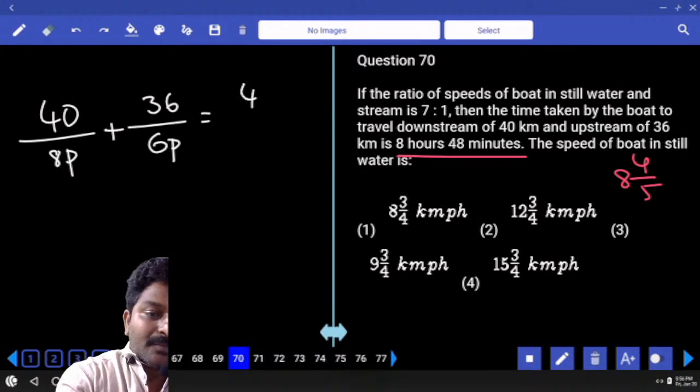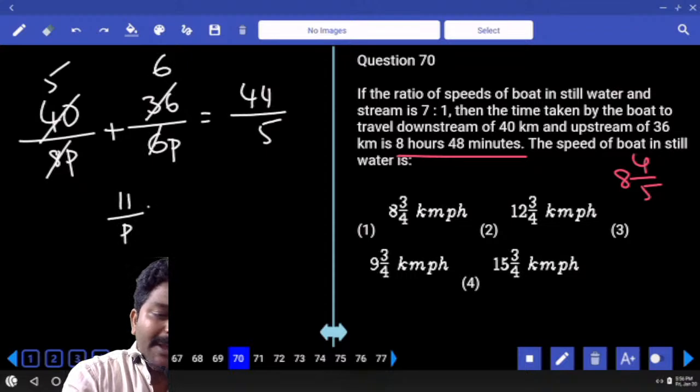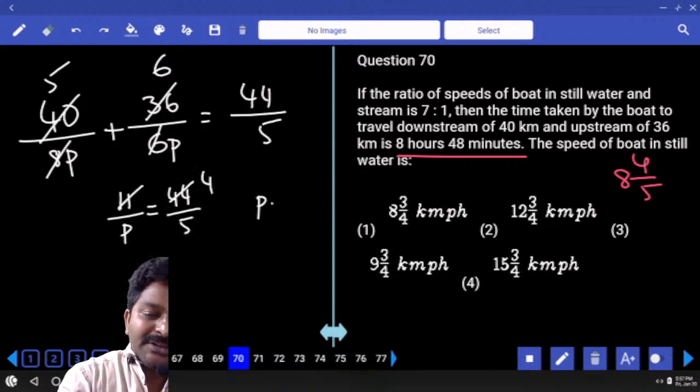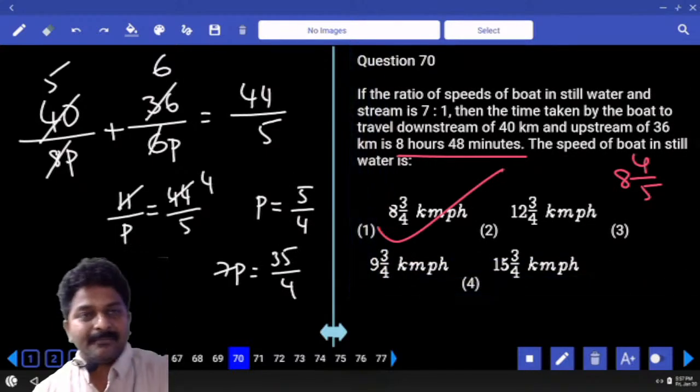Convert: 44 by 5. 11 by p is equal to 44 by 5. From this, p is equal to 5 by 4. 7p in the sense 35 by 4, which is the first option.